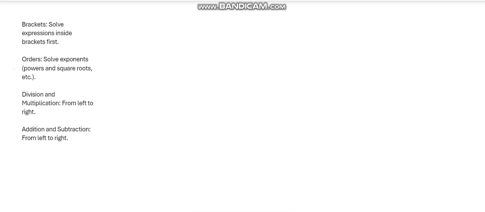For a quick recap, in the last video, we saw that calculations need to be carried out in a particular order. This order is not necessarily from left to right. For example, if you take 2 plus 3 times 4, then our answer will be 14, not 20, because we have to do the multiplication part first.